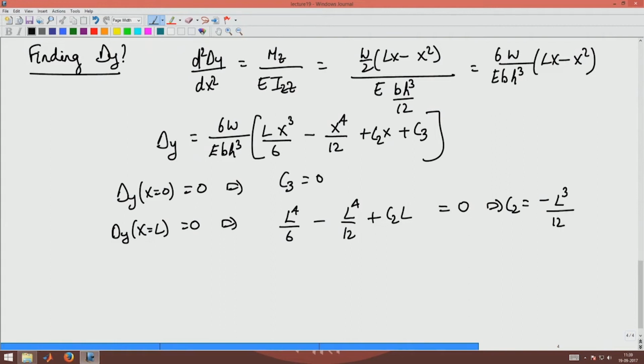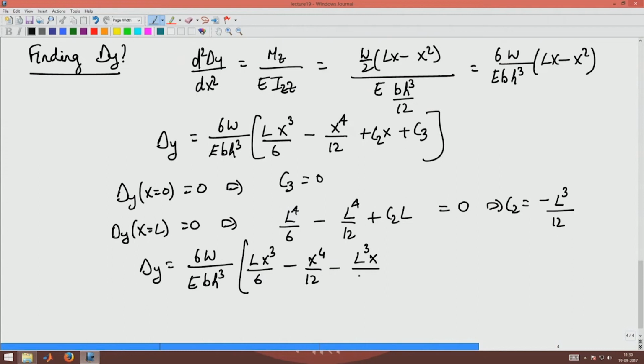Now, substituting these values in the delta y expression, delta y becomes 6 times w by E bh cube into L x cube by 6 minus x power 4 by 12 minus L cube x by 12.